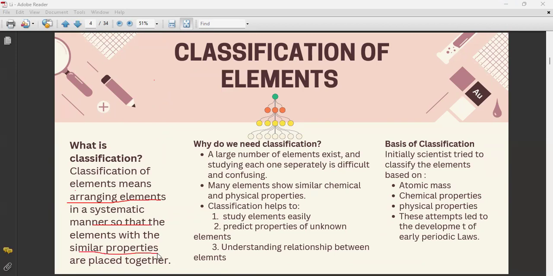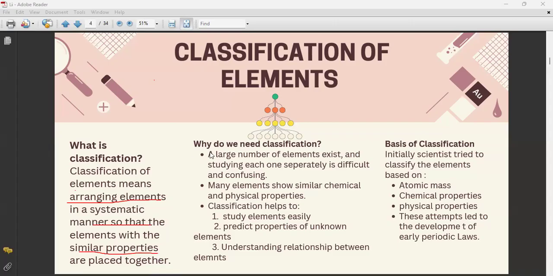Whenever I arrange elements of similar property in the same place, I am classifying them. This is nothing but classification of elements.